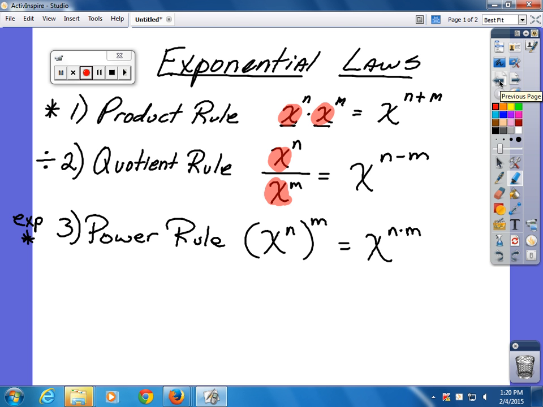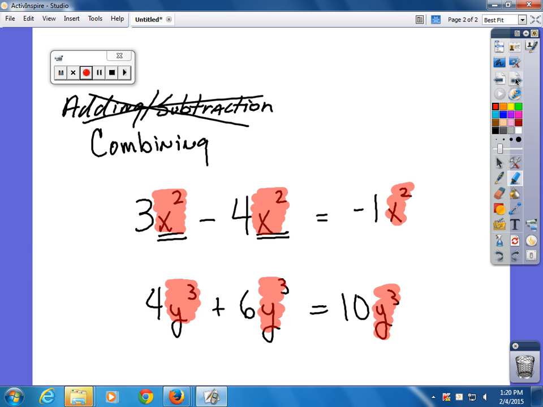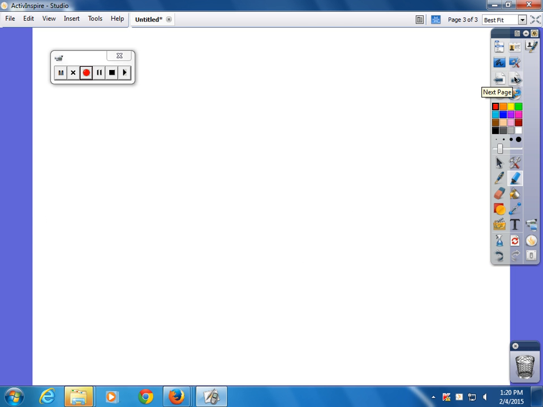Now the next three rules are basically how to rewrite the next exponent. And I'll call it number 4. Number 4 is called the inverse rule. Now you don't necessarily need the inverse rule to be able to do exponential mathematics.